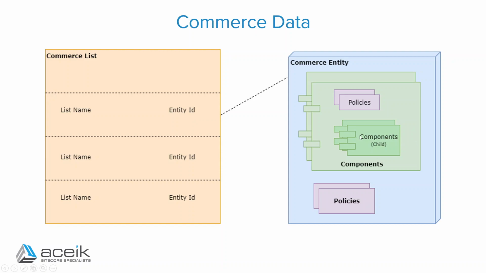And then you have components. Components are a way of extending an existing entity. So you have a sellable item, which is a product. You extend a product by adding new custom components or existing components. So that's how you extend an object in Sitecore Commerce. And policies are mainly used for configuration, but they're also used in certain places to store information. For example, list price is actually stored in a policy on a sellable item.